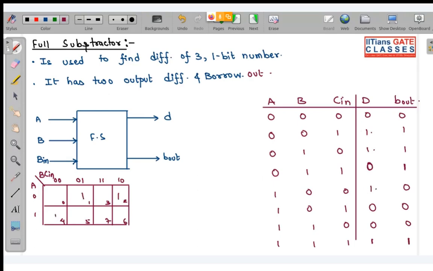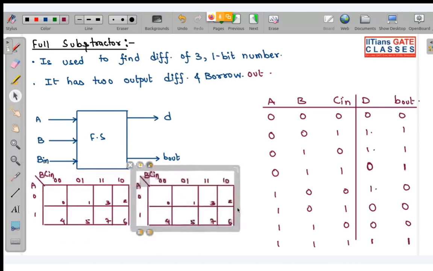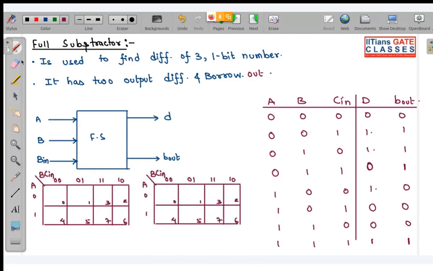So 1, 2, 4, 7. Again, you can see what? That this is the K map for XOR. Okay, K map for XOR. So this is K map for A XOR B XOR C in.